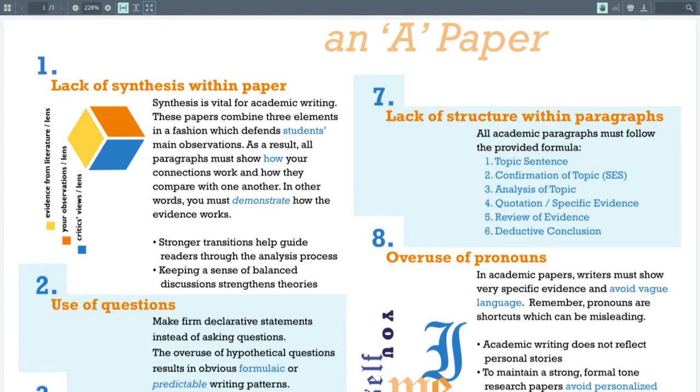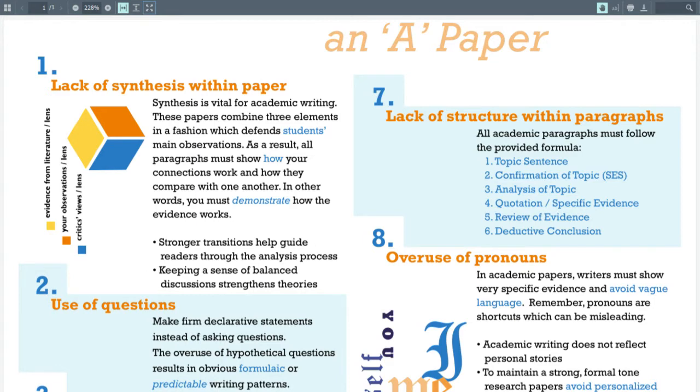So between these 3, you're braiding them together using a 6-sentence structure in your paragraphs, and you're proving that your opinions are a truth. Okay. As I say here, you have to demonstrate how the evidence is working. That's what builds up your ethos. Okay.